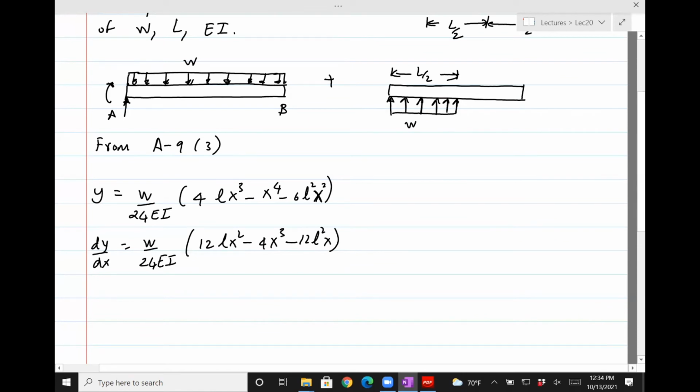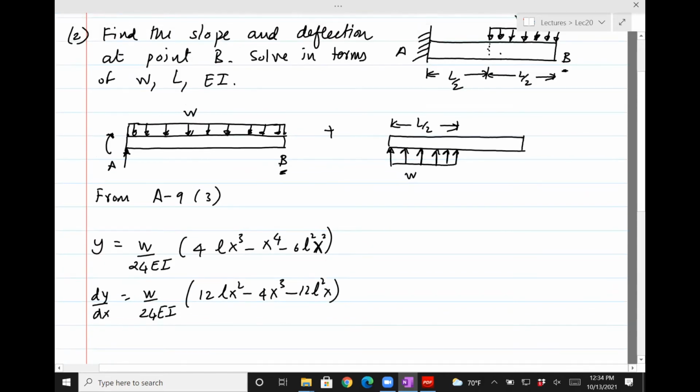Okay, so in this case, I need to find the deflection at B. So all I need to do is put the value for x.